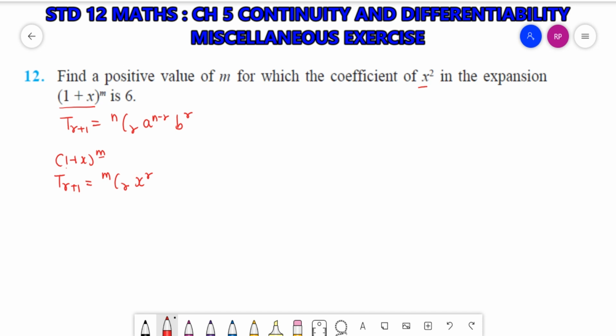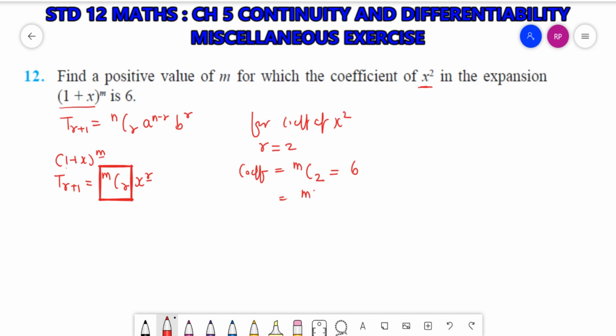Now it's given that the coefficient of x^2 must be equal to 6. So for the coefficient of x^2, r must be equal to 2. And what is the coefficient? mC2, right? This is the coefficient, and it must be equal to 6.